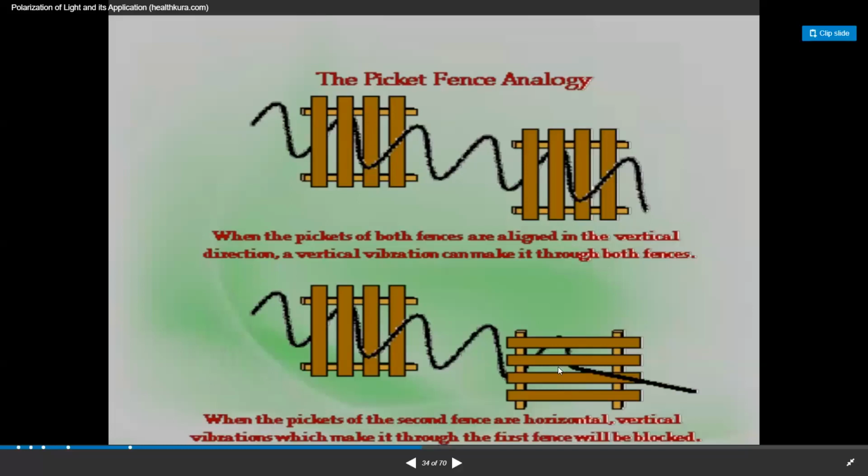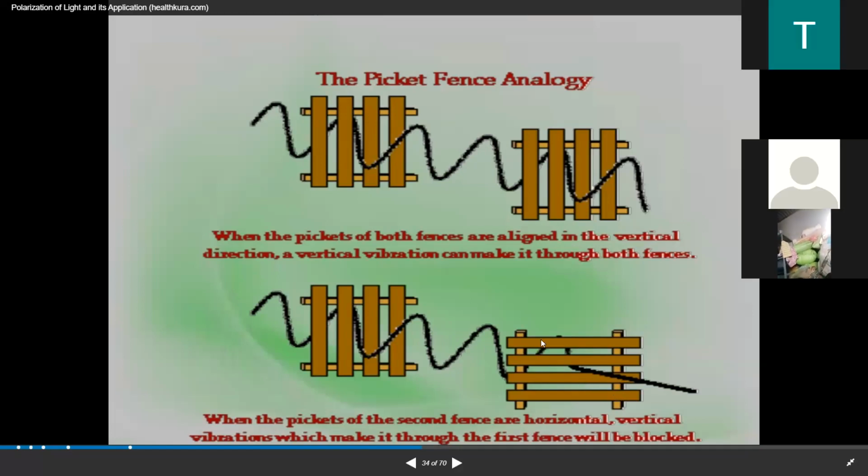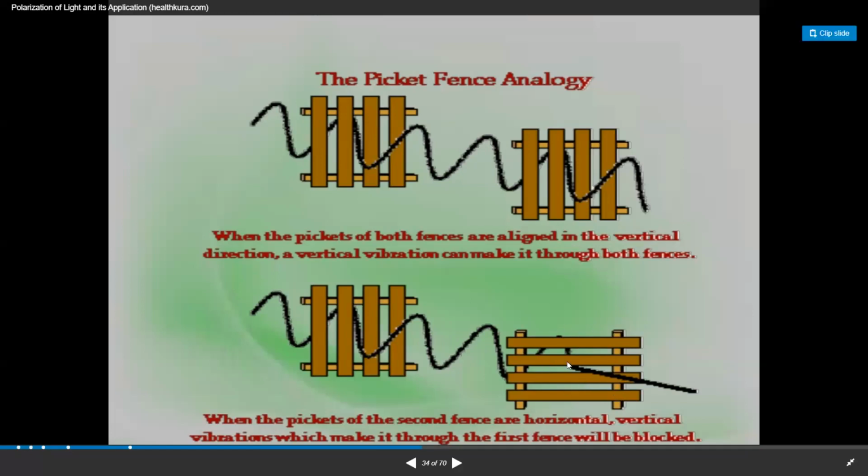Whereas if these two crystals are arranged in a perpendicular manner, we cannot observe any light after this. Why? Because here the direction of the crystal and the direction of the light are quite opposite.